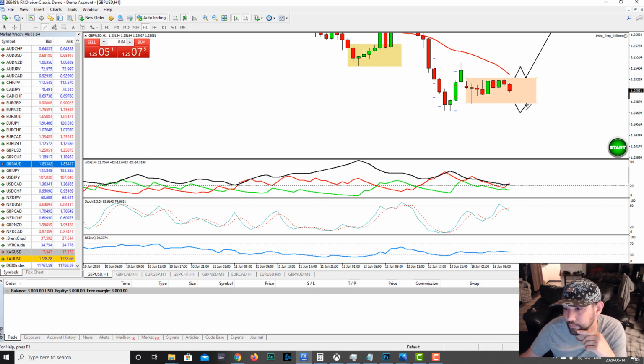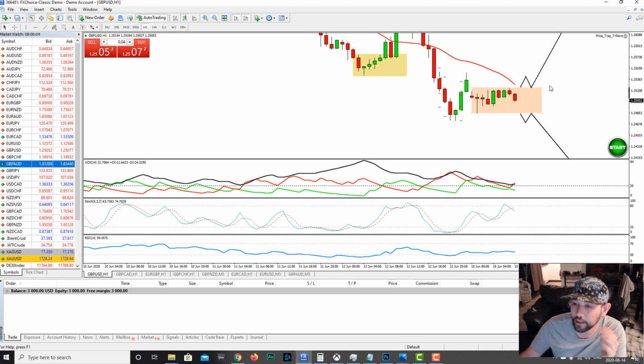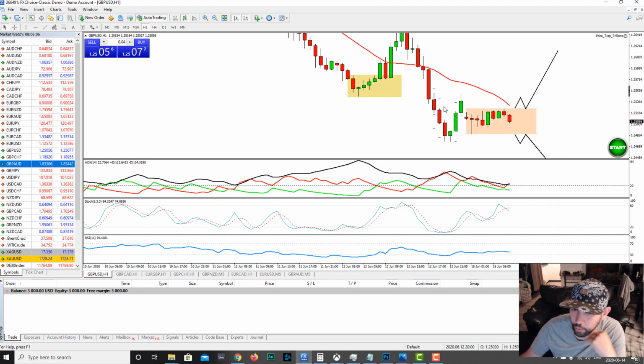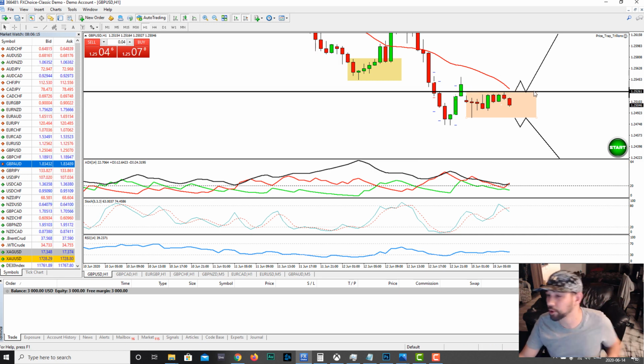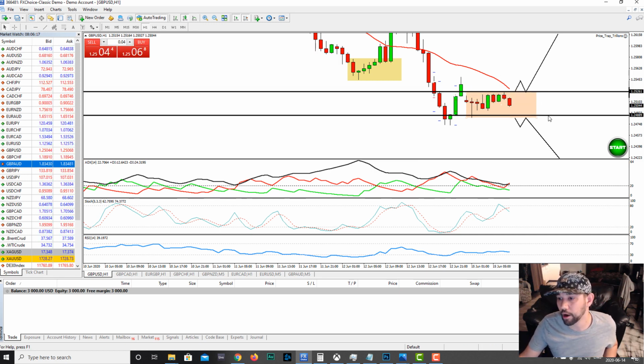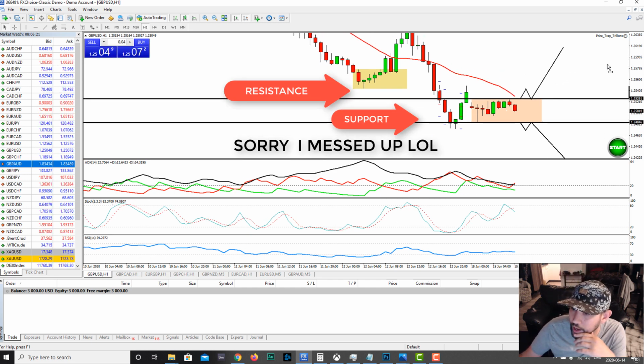Now, this takes practice, but this very simple strategy goes hand in hand with support and resistance zones. So the top line of your box is your support, and the bottom is your resistance, okay?